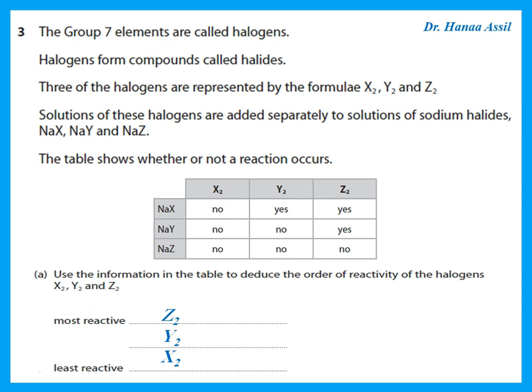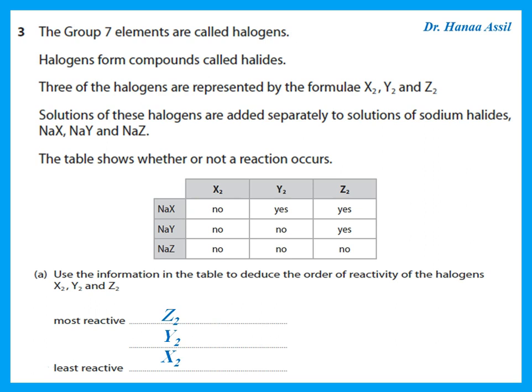So for the arrangement of reactivity, please notice whether the question says to start from the most reactive or from the least reactive. Z was able to react with NaX, so it is more reactive than X. And it was able to react with NaY, so it is more reactive than Y, so Z is the most reactive.